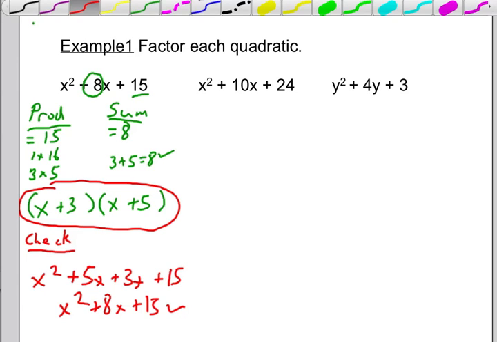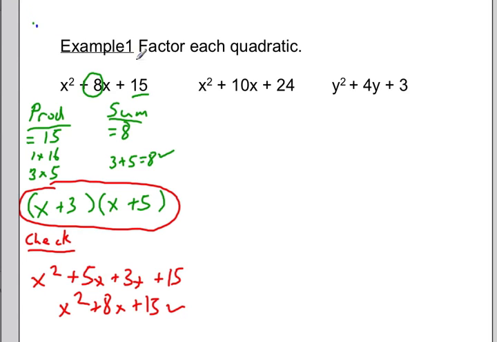Okay, in the next quadratic, we have x squared plus 10x plus 24. So we need to find numbers that multiply to give you 24, and they add to give you 10.